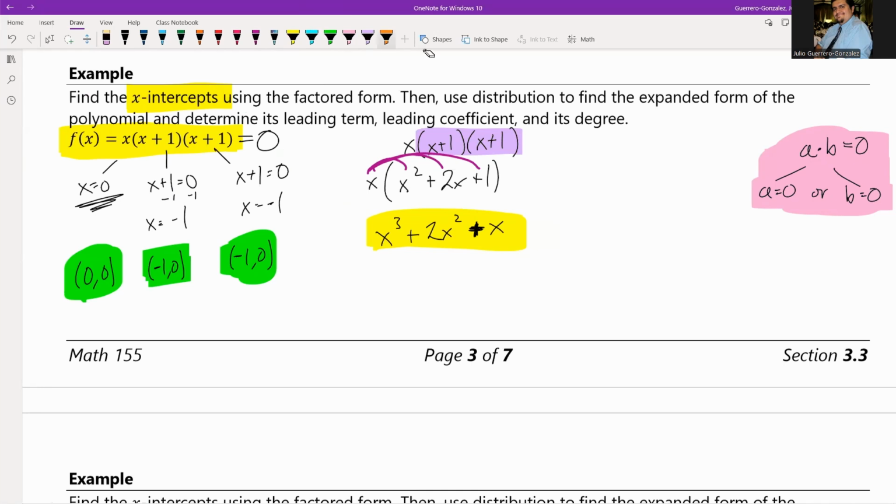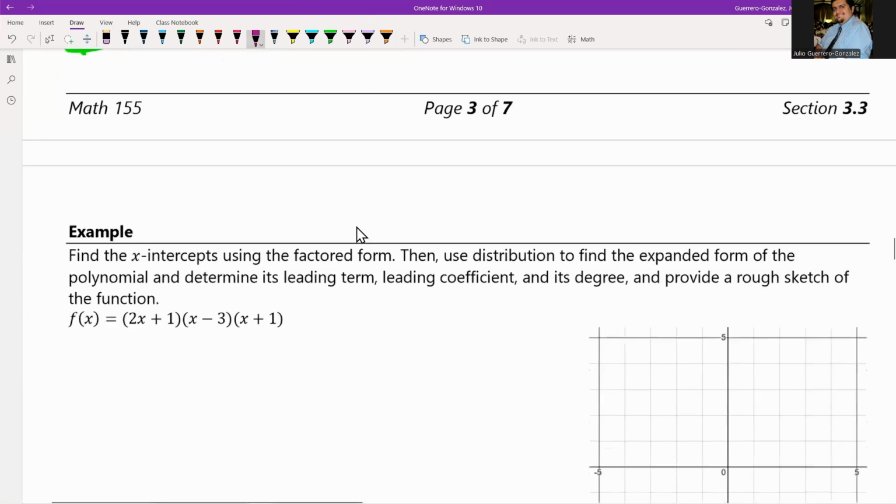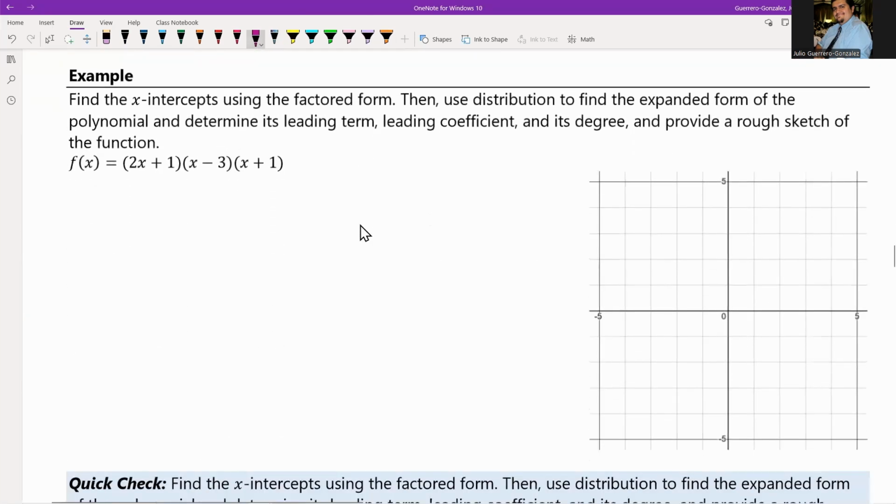Okay? All right, so now, what do I want to do? Hopefully you guys see what's coming here, yeah? Same type of question. So I'm giving you a factored form. Using the factored form, find the x-intercepts, and then using the distribution to find the expanded form, that'll give us a sense of what our graph is supposed to look like.